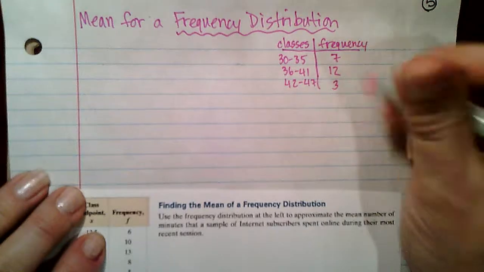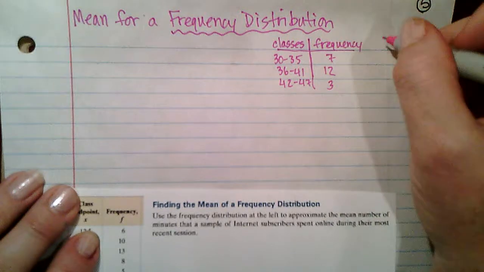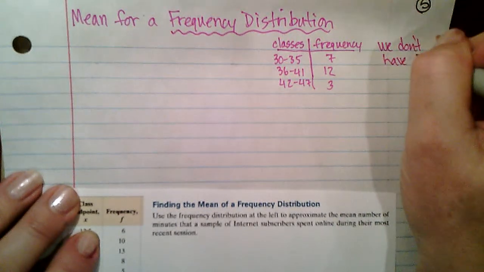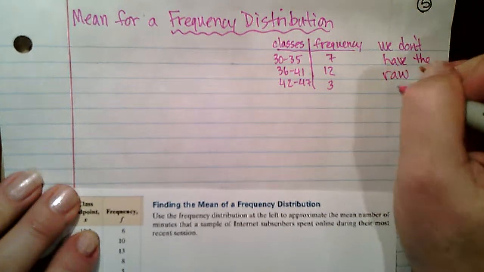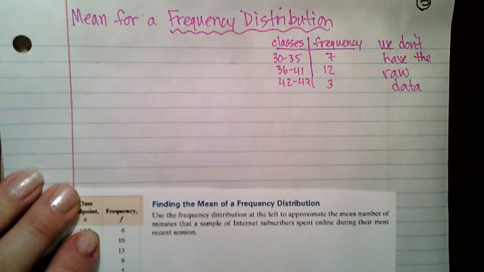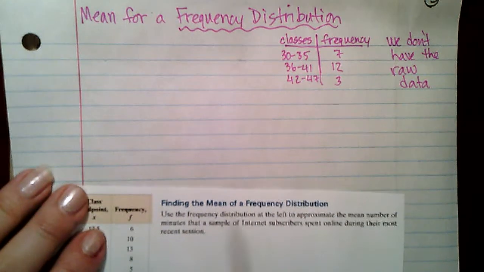This is just an example of what a frequency distribution looks like. So what's happening here is we don't have the raw data. So we can't actually add up all the data values and figure out the mean that way. So when we're figuring out the mean for a frequency distribution, we have to have a different strategy since we can't add up our data values.